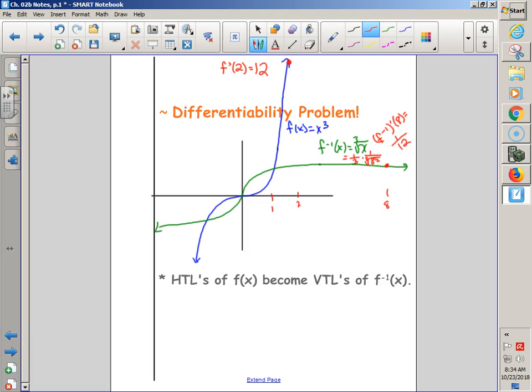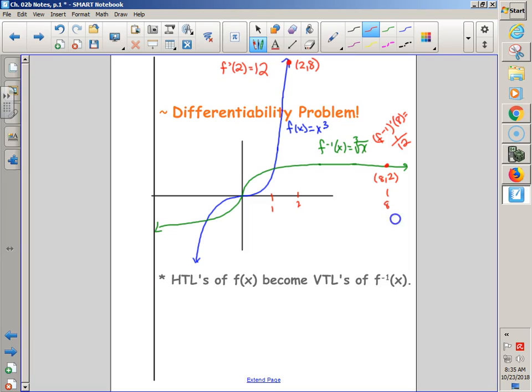What's another way I should have been able to do that without doing all the messy power rule stuff? Why did this guy have to be 1/12? What's this point? 2, plug it in. What's it going to correspond to on the inverse? 8, 2.